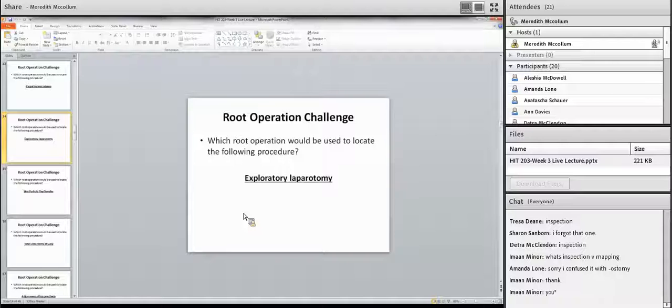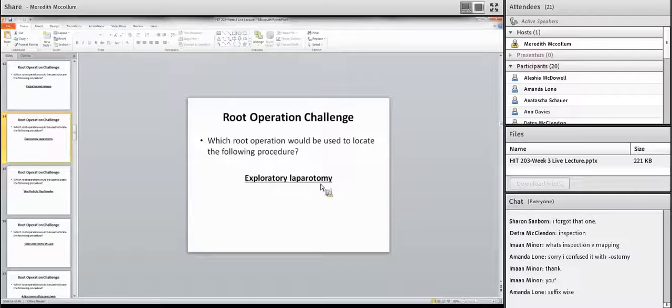Okay, so let me explain the exploratory laparotomy, and then I'll explain the inspection versus mapping. And actually, Amanda, it's otomy. It's not an ostomy, because if it was an ostomy, it would be like a colostomy. It's just an otomy. So this just means they're opening them up.